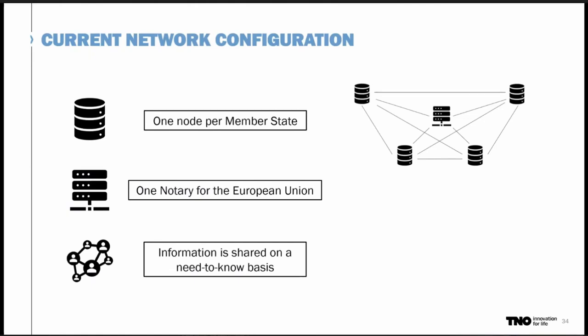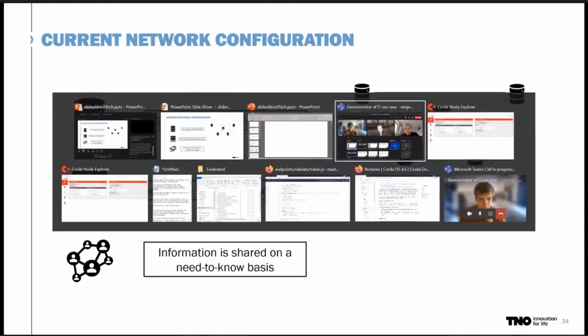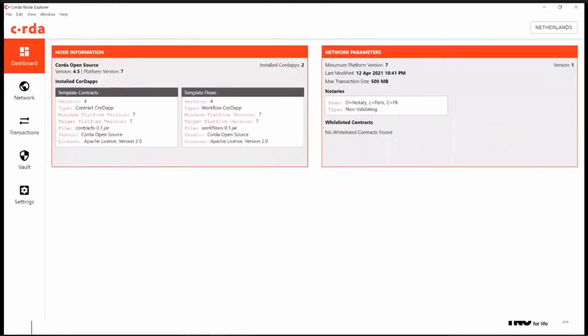Okay, I now want to move away from the presentation in this slide, and I want to show you this. This is the Coda Node Explorer. So it's a software that allows us to have a look at what happens in what we've called layer 0. So at the layer of blockchain, of the distributed ledger.